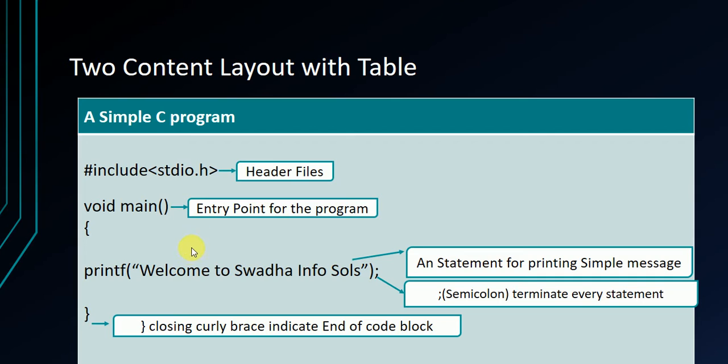As I have told you, right now as a beginner you don't have any idea about what is void. Void is a return type, main is a function name, and the small brackets here in C language are referred to as parenthesis, and there is a special meaning of parenthesis.